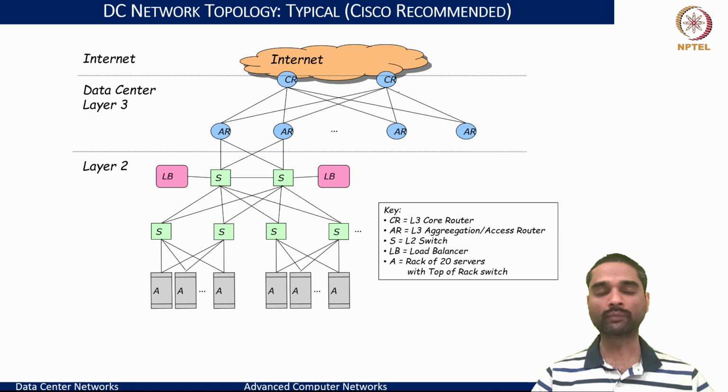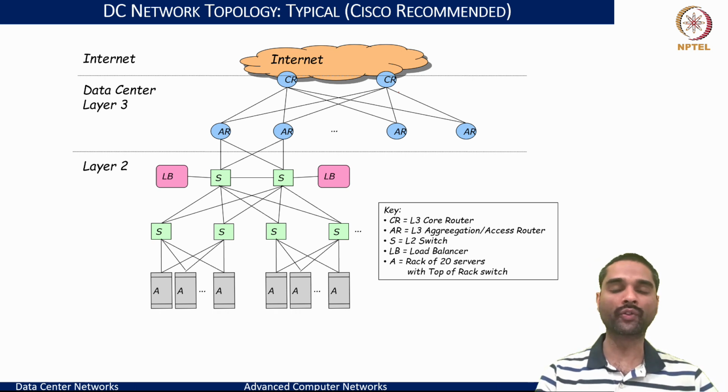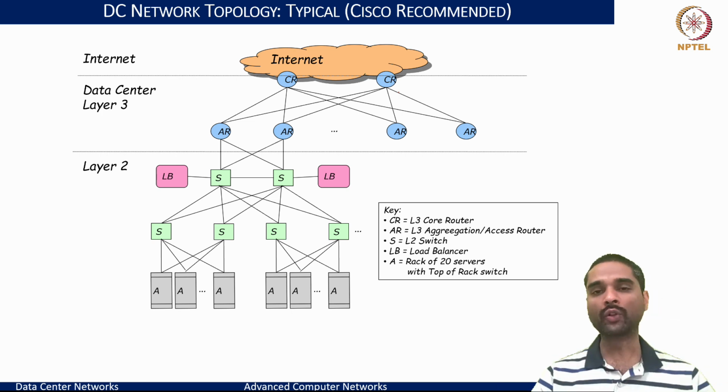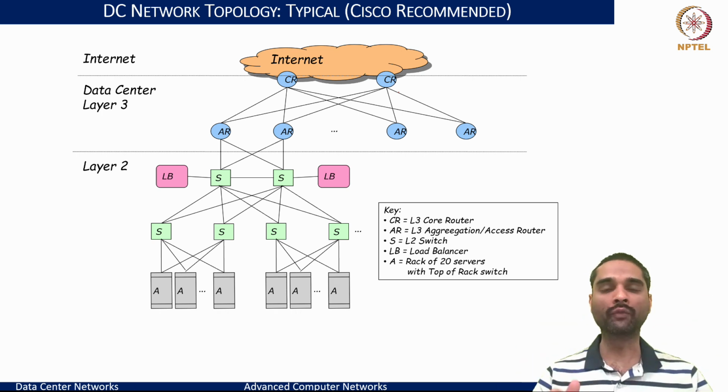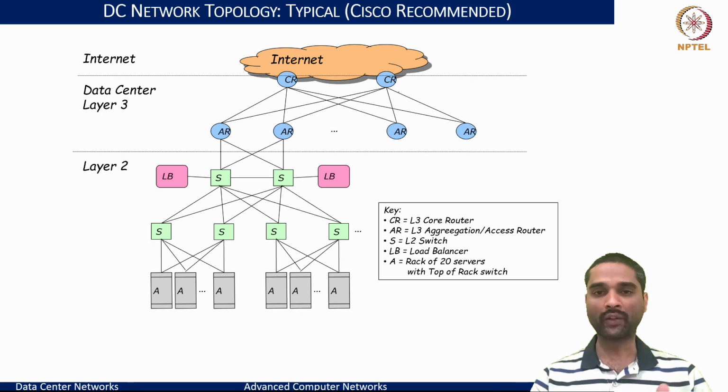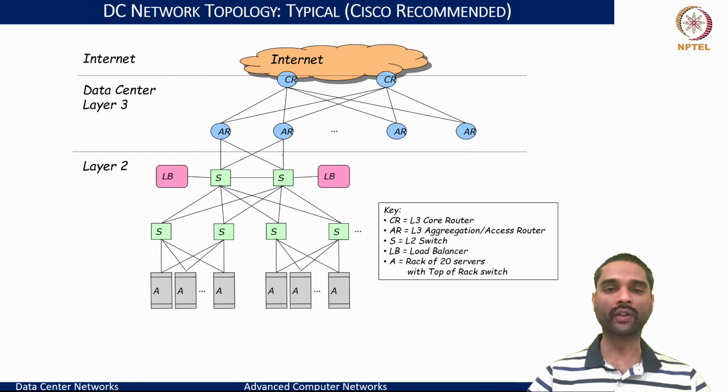For all the devices within the data center, the aggregation routers act as the gateway to connect to the outside world, while the core routers act as the means to connect the external entity outside, on the internet, to the entity that is inside the network. And this aggregation layer, with many access layers, can be linked further down to provide what we call the layer 2 network within the data center.